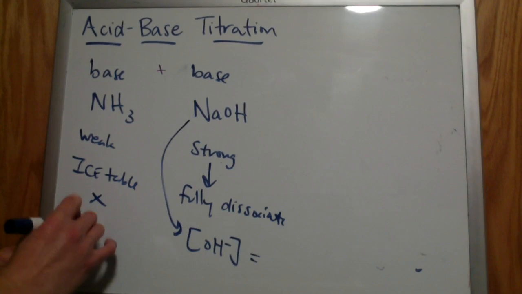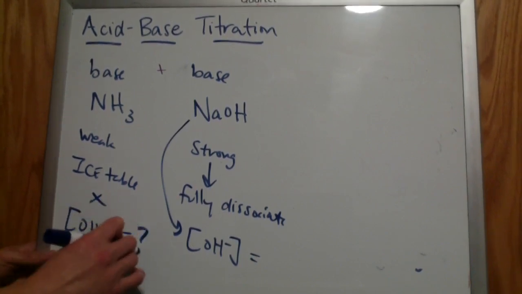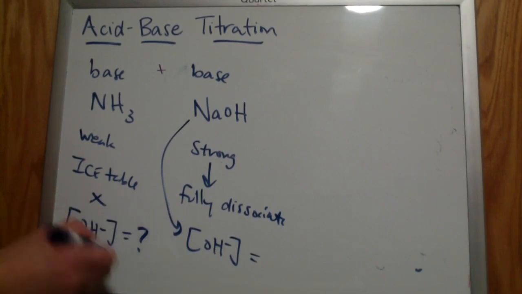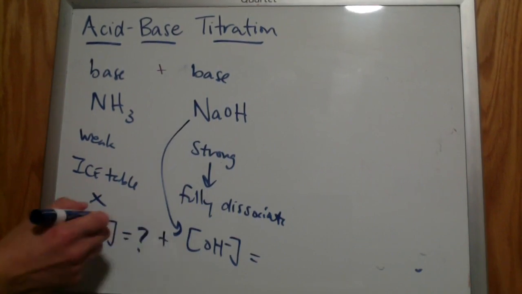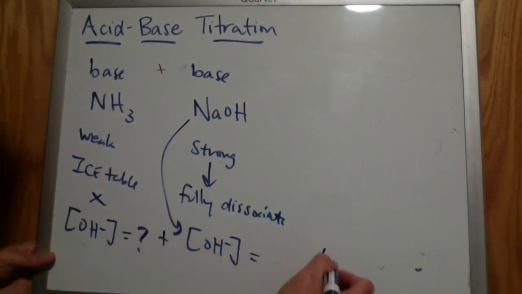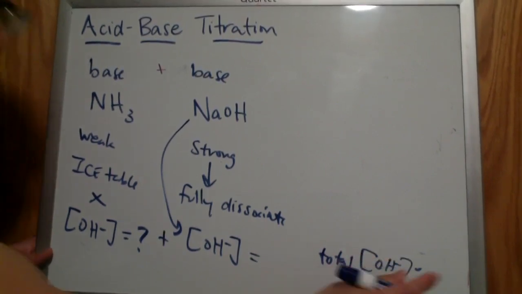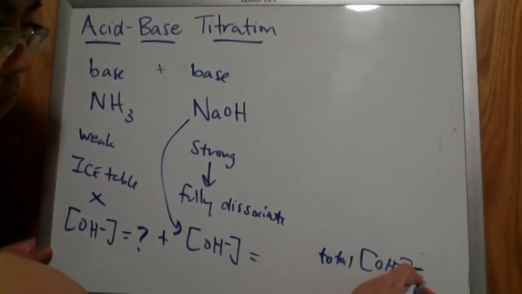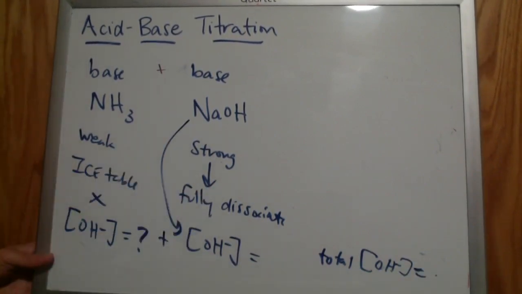By solving for X, that would give us the hydroxide ion concentration for just the NH3, the weak base. And this would be definitely less than the one for the sodium hydroxide. Then we add both of those together, and we get the overall concentration of hydroxide, negative log that to get the pOH, and then subtract from 14 to get the pH.